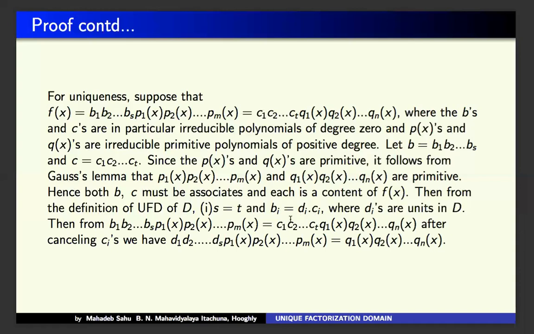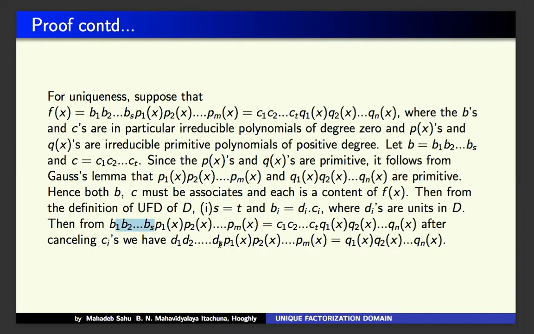So you see here, after cancelling the Ci's, just put the value of Bi here, and then cancel, because they are units.